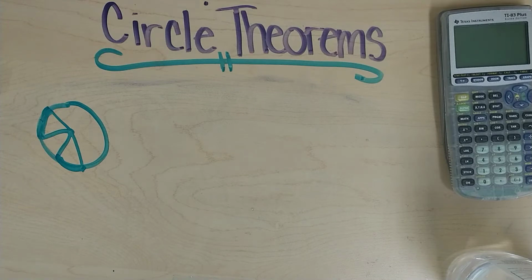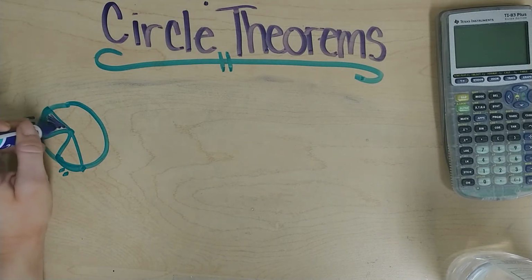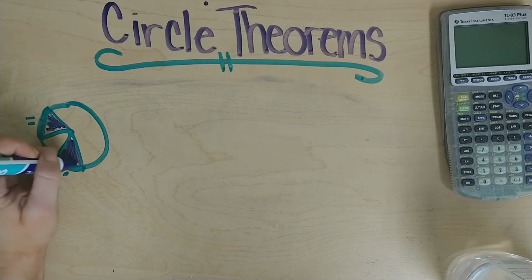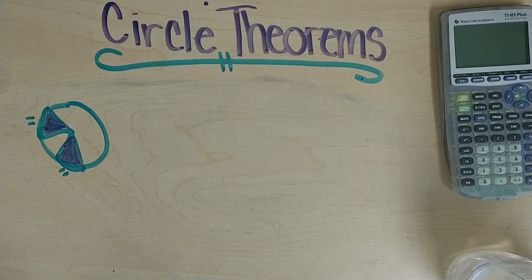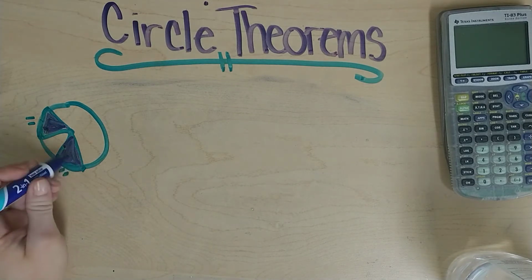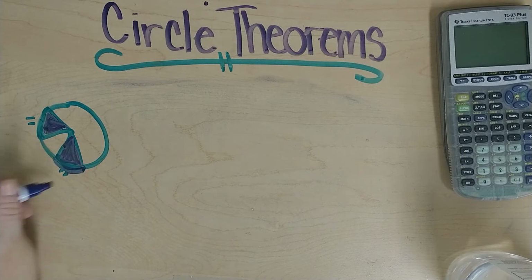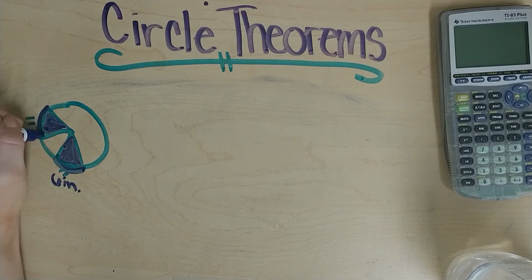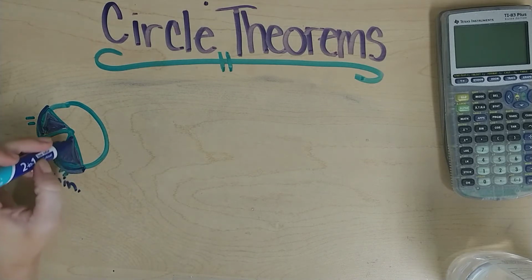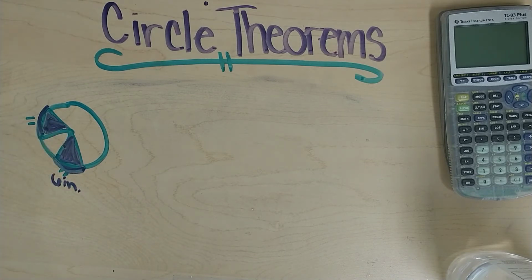If the arc is equal, if these are the same, the sectors, this space in between, are also equal. It's the same idea. Imagine this is a piece of pizza, and pizzas are cut up evenly. If the crust of this pizza is, say, 6 inches, so is this piece of crust. And that means this crust, or this piece of pizza, is the exact same size as this piece of pizza.